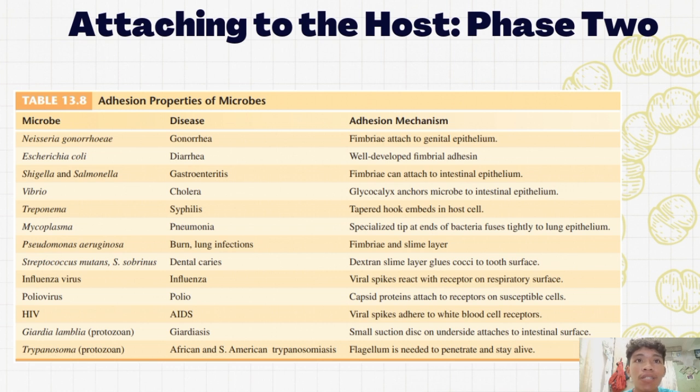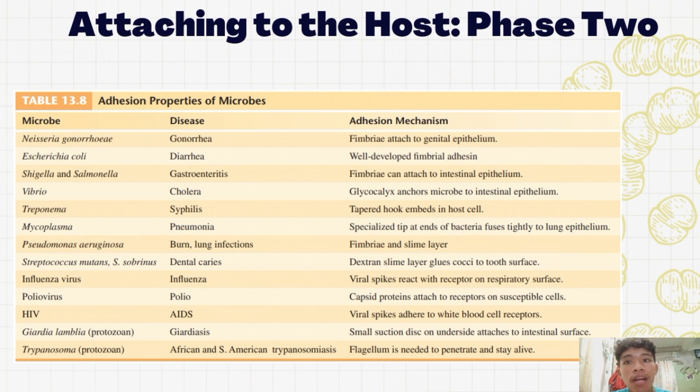Vibrio, disease: cholera. Adhesion mechanism: glycocalyx anchors microbes to intestinal epithelium. A sticky outer layer, the glycocalyx, anchors it to the intestines. Treponema, disease: syphilis. Adhesion mechanism: tapered hook embeds in host.